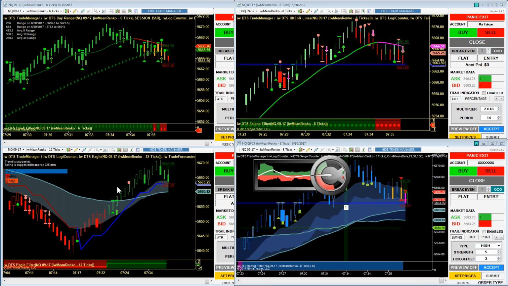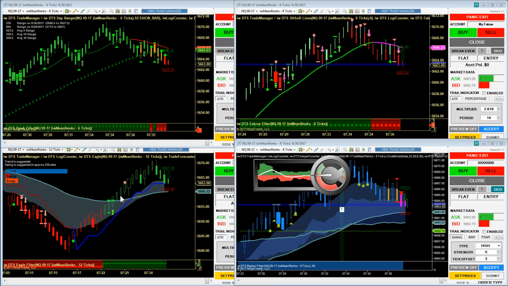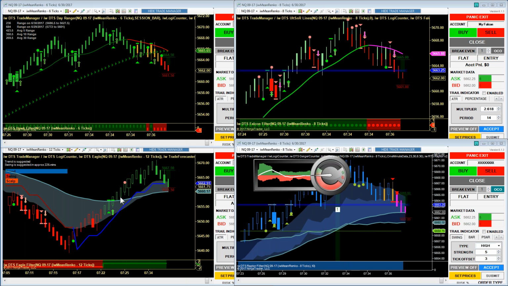So the eagle making a pretty good crossover here as well. Wow, trend mode for about 3.5 hours, according to the trade forecaster.